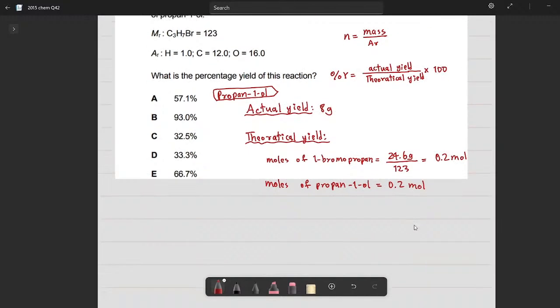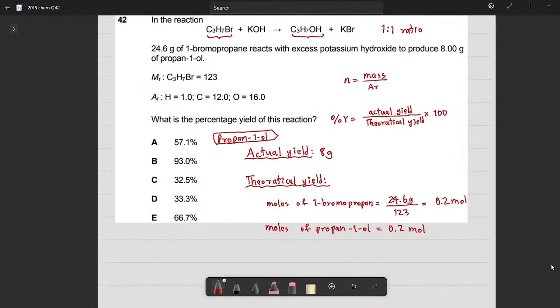Now we will convert and find the theoretical mass of propan-1-ol. We use the same formula as we did for finding the moles of 1-bromopropane, and simply multiply 0.2 moles by the molar mass of propan-1-ol. Since they've not given us this, we're going to use the atomic masses of the elements to find it.